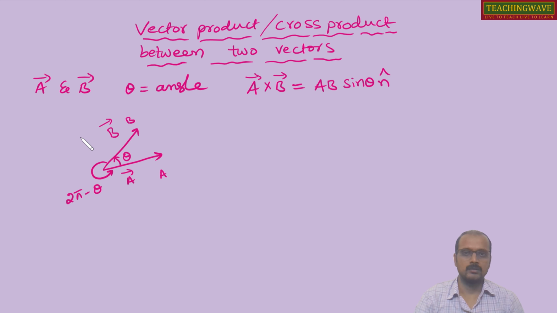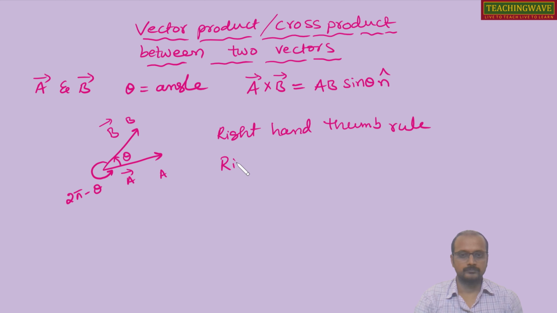To understand this, we can follow the right hand thumb rule. That means the vector cross product direction n cap follows the right hand thumb rule. Sometimes we can also follow the right hand screw rule. Here I represent the resultant direction with R bar.